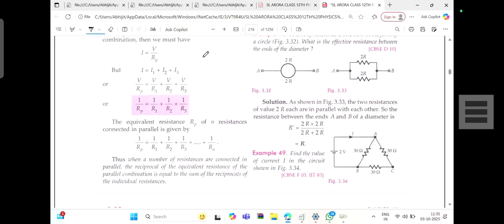Write here R1 into R2 divided by R1 plus R2.